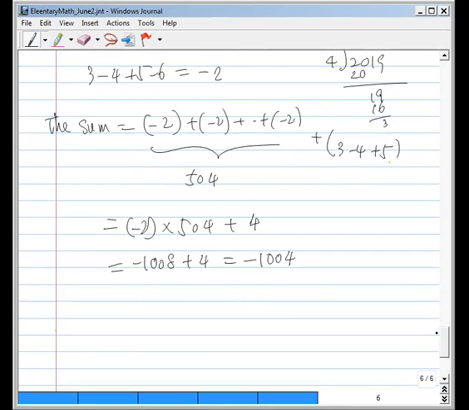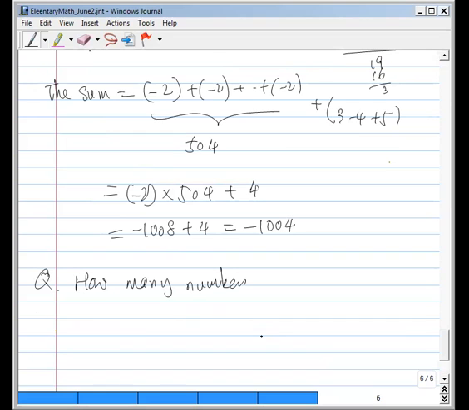Okay, our next problem is, we want to find out how many numbers are there that, when divided by 9, give you the same quotient and remainder.